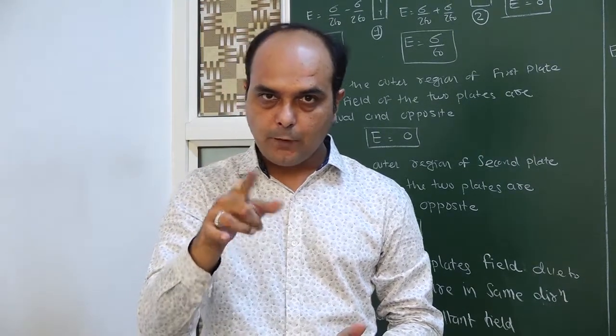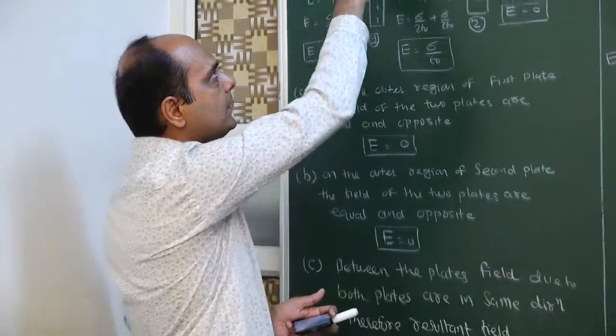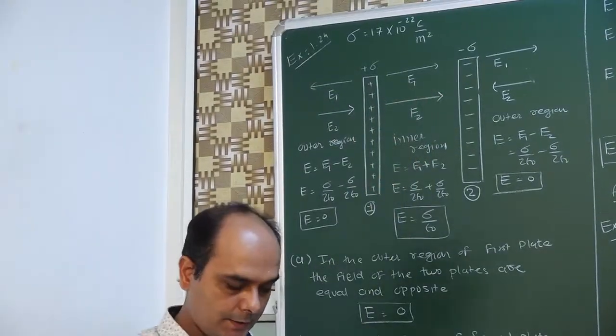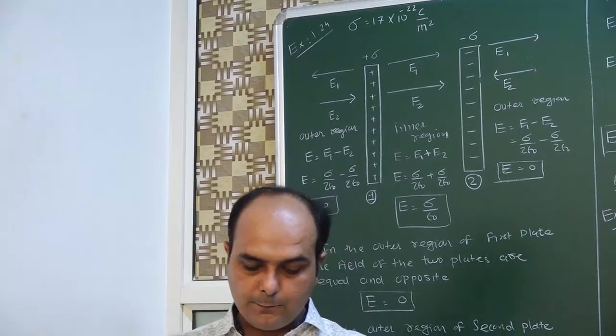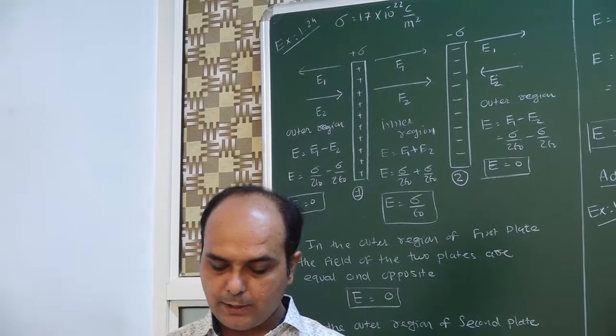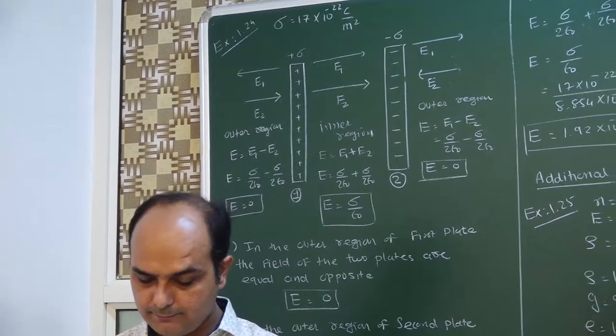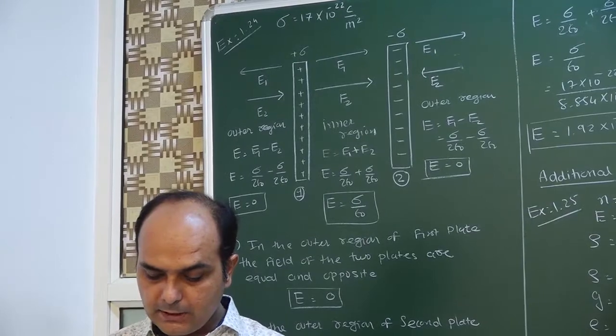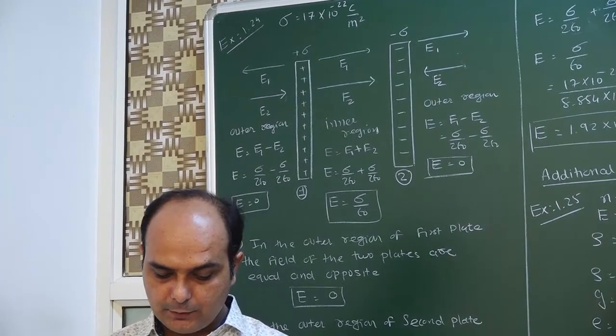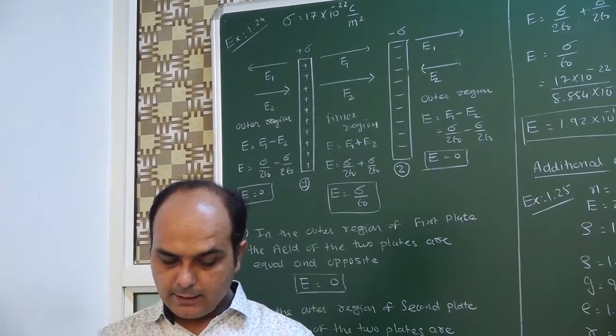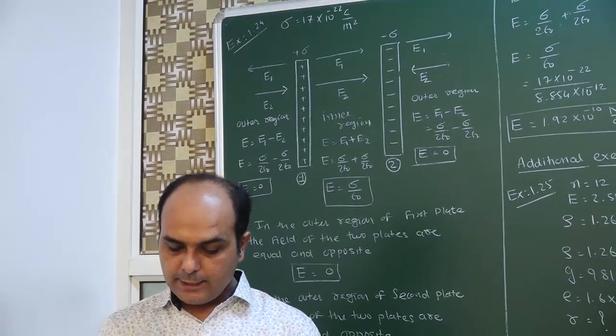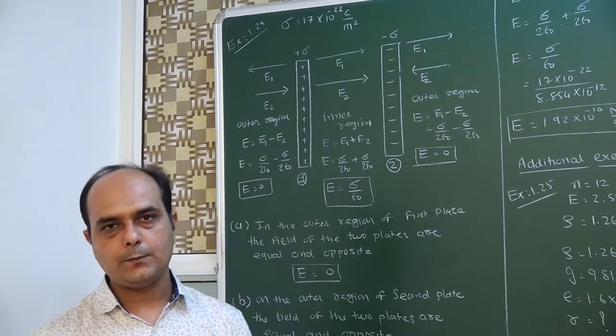Opposite sign means positive surface charge density and negative surface charge density, of magnitude 17 into 10 to the minus 22 coulomb per meter square. What is the electric field to the left of the plates, to the right of the plates, and between the plates?